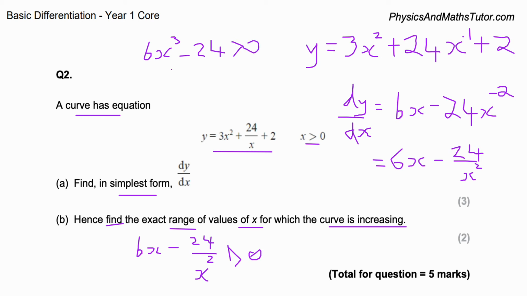So factorize the 6 out, so I get 6 times x cubed, take away 4, is greater than 0. So we're looking for when x cubed minus 4 is greater than 0. So that means we have one root here. So dividing both sides by 6, x cubed minus 4 is greater than 0.